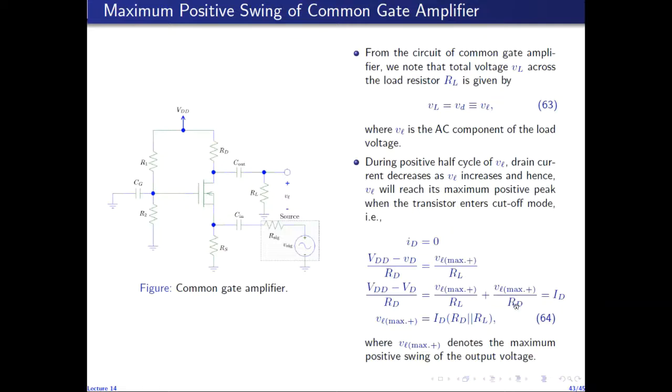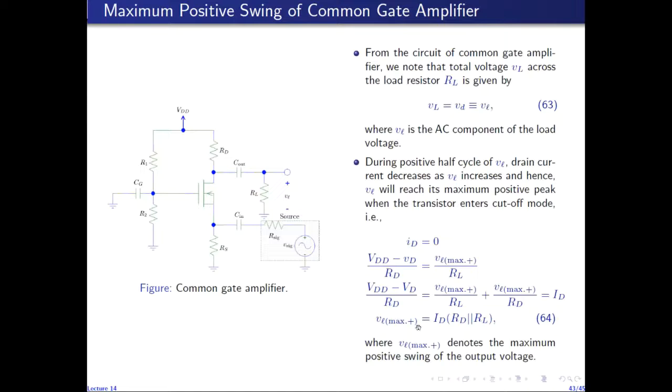So 1 over RL plus 1 over RD, when taken to the other side, the inverse of 1 over RL plus 1 over RD becomes RD in parallel with RL. So the maximum positive swing of the common gate amplifier is given by this expression, which is the same expression as we obtained for the common source amplifier. And you should expect it because the output is taken from the drain.